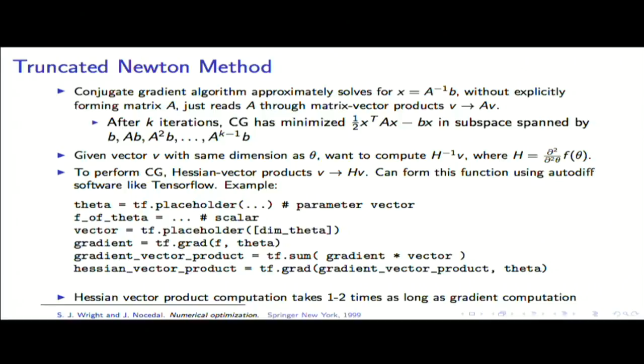So then you're going to write something like CG of Hessian. You're going to have a function that computes the Hessian vector product numerically.